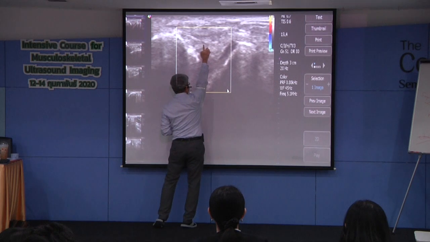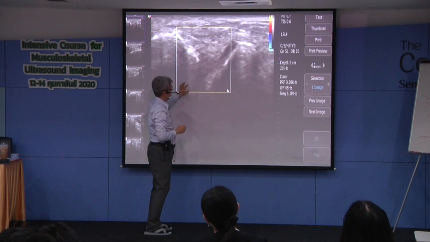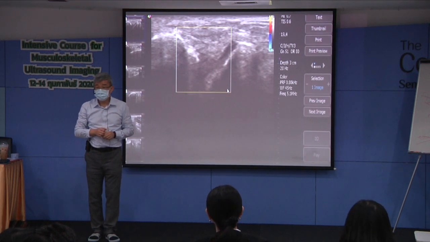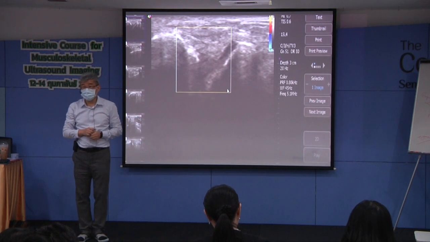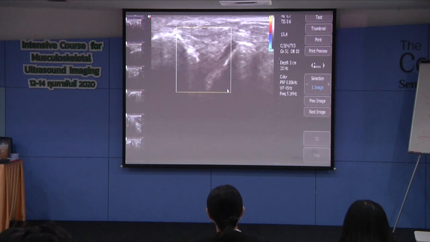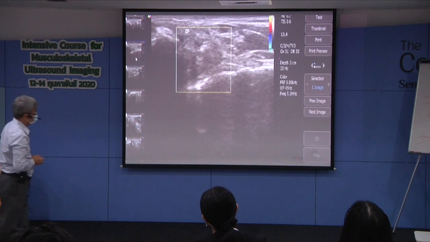There is a hypoechoic area here. It looks like a scar, but color Doppler shows nothing. Okay, maybe healed, but it's not good looking. It's all right. Next one. CF. Do you like this fish CF?